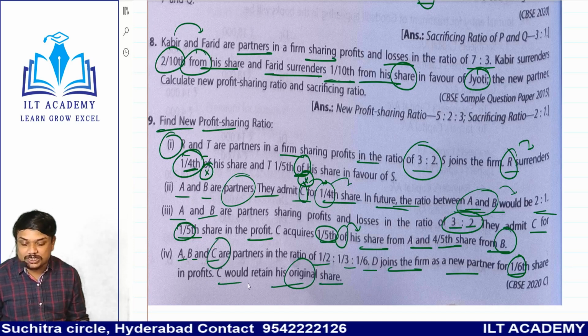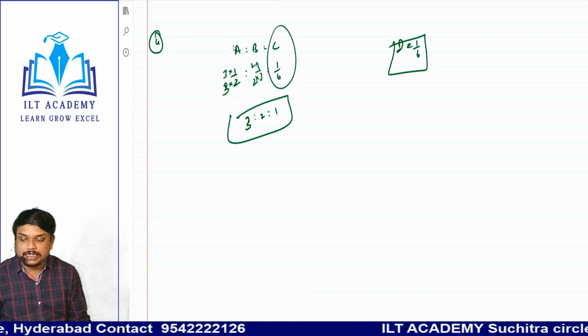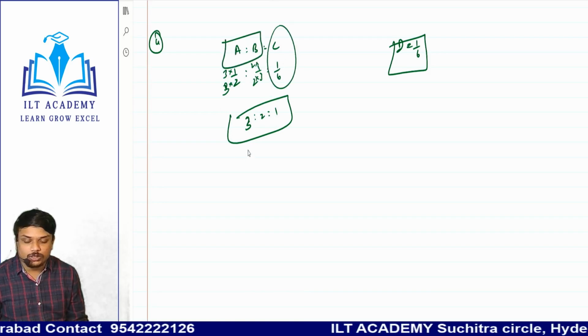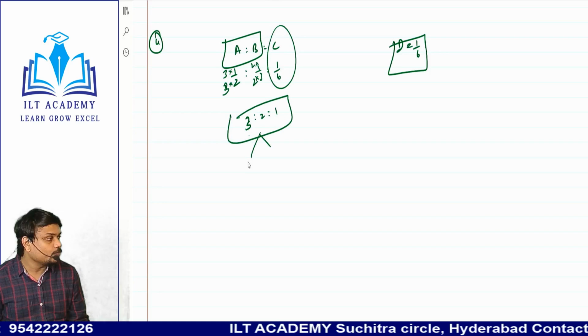That means A and B are going to sacrifice, in what ratio? 3:2.